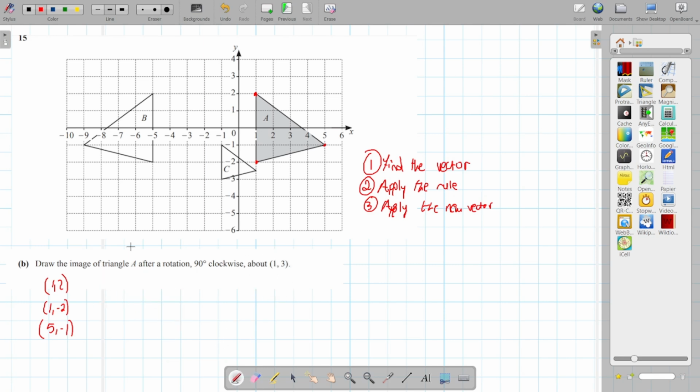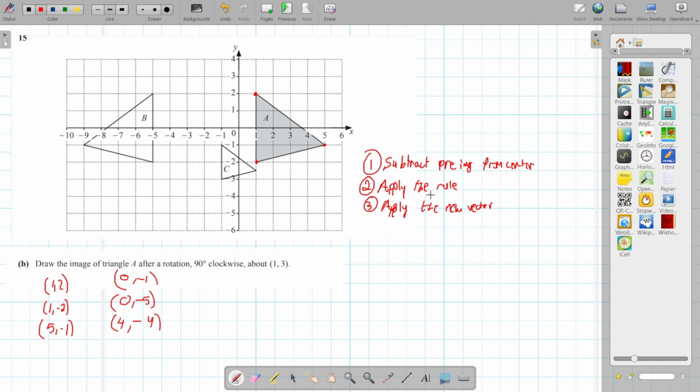You just subtract: 1 minus 1 is 0, 2 minus 3 is minus 1. Instead of saying find the vector, I could just say subtract the pre-image from the center. So 1, 2 gives you 0, minus 1. For 1, minus 2: 1 minus 1 is 0, minus 2 minus 3 is minus 5. For 5, minus 1: 5 minus 1 is 4, minus 1 minus 3 is minus 4.